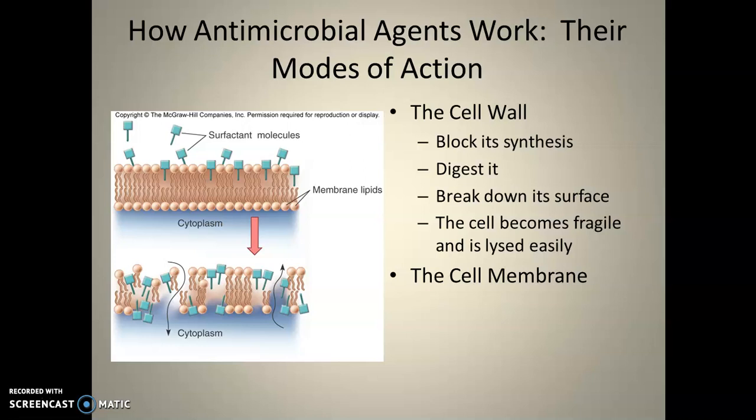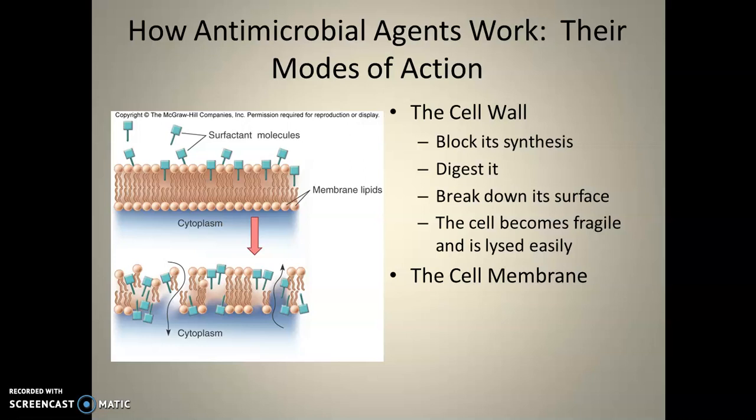Now, how does this actually work in bacteria or in some other cellular microbes? So not viruses necessarily. Different modes of action work in different ways, but one way in which we can kill microbes or prevent their growth is to block cell wall synthesis. The formation of peptidoglycan is very important for microbes.